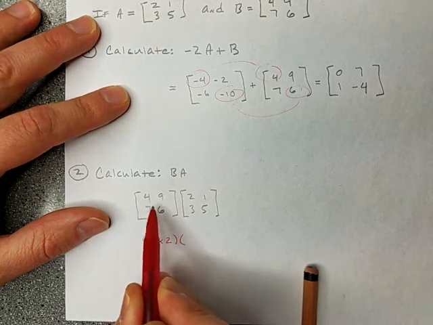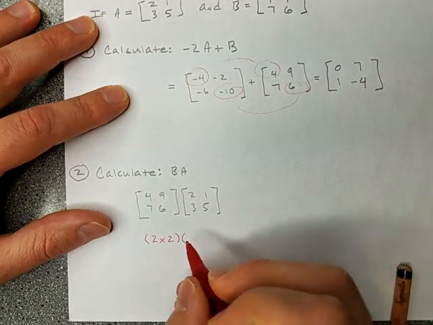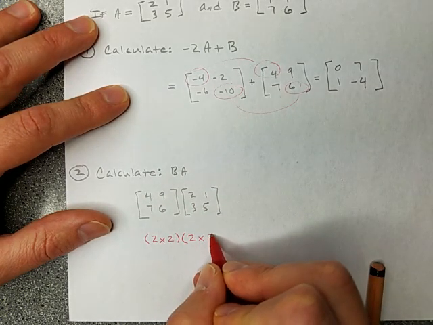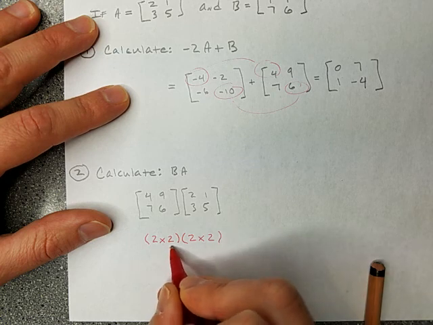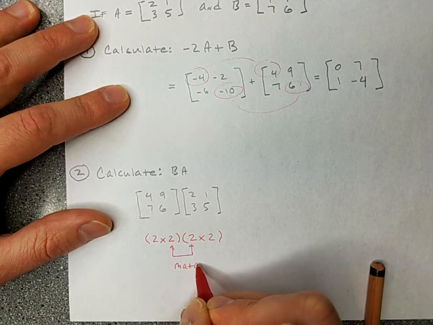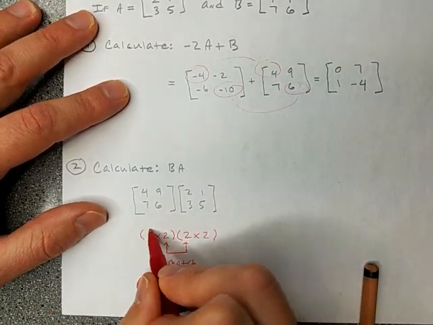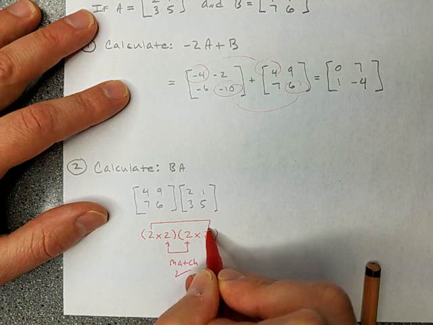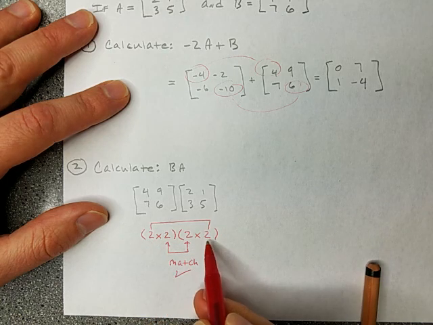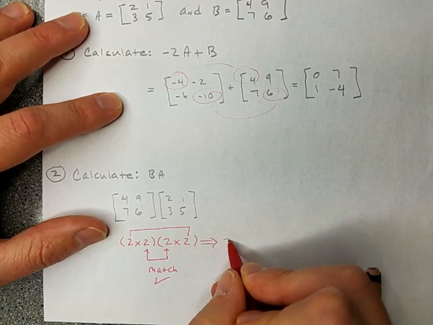Rows go horizontal, columns go vertical. And this other one, also 2 rows, 2 columns. So yes, these interior numbers do match. So this multiplication is doable. And I'm going to get, as a result, another matrix that's 2 rows by 2 columns. Okay?